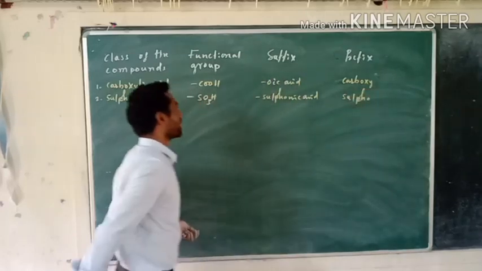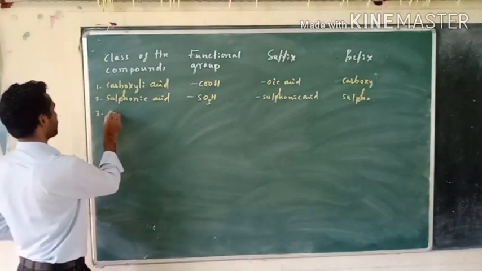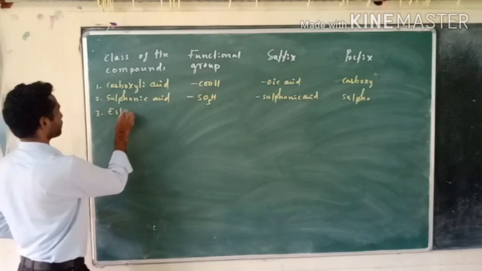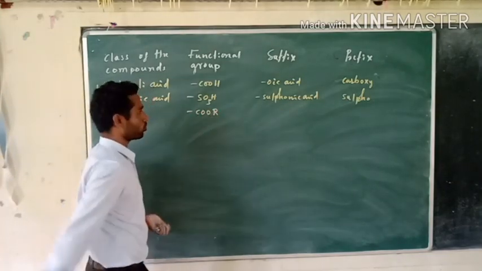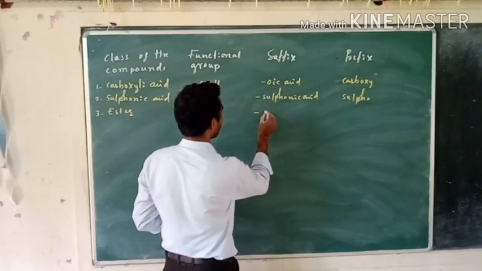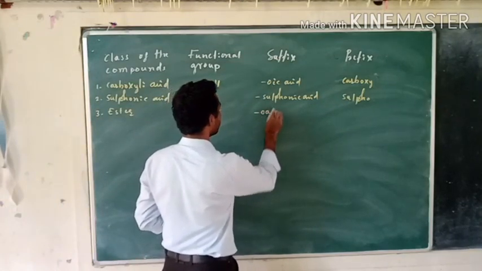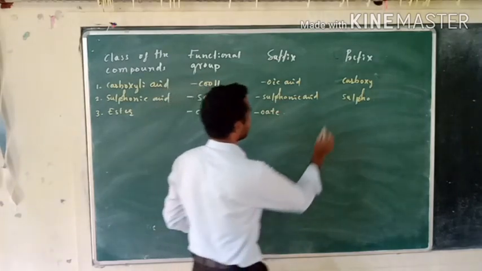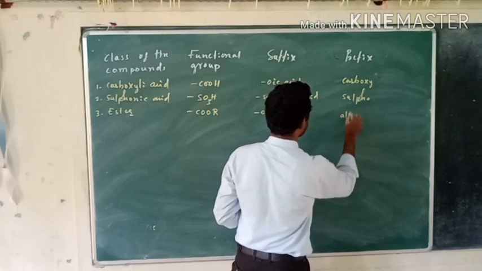I have to use sulfo as a prefix. The third one is ester. COOR is the functional group. I have to use the suffix oate, and the prefix alkoxy carbonyl.